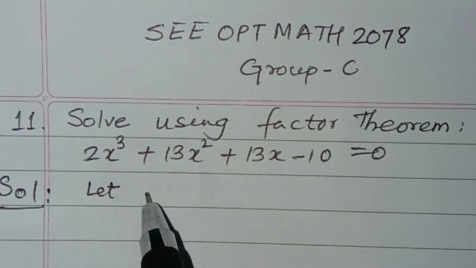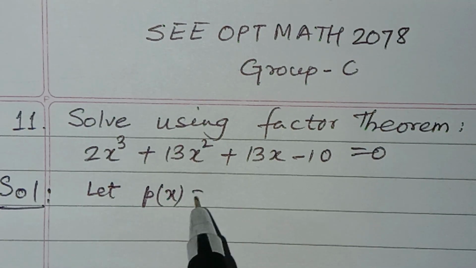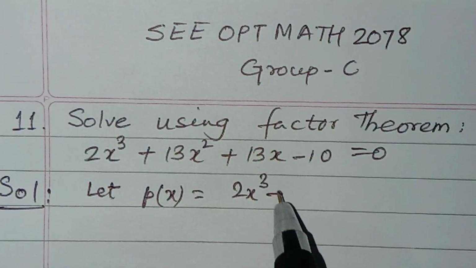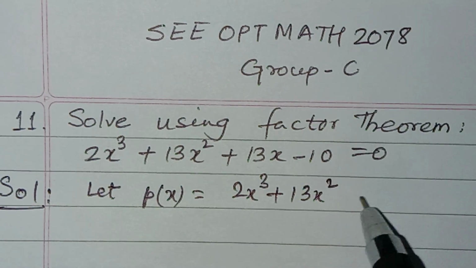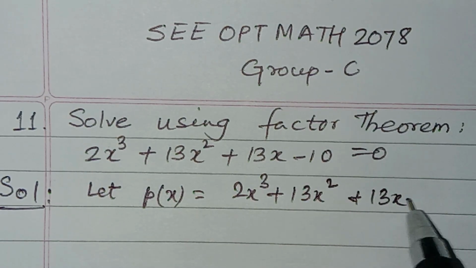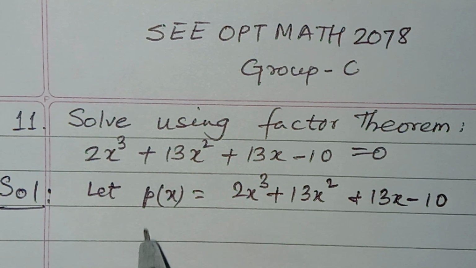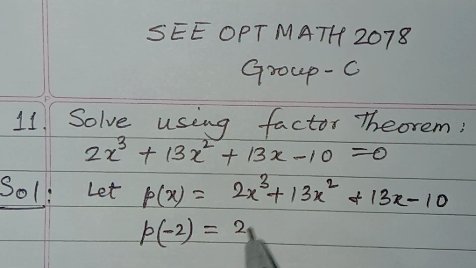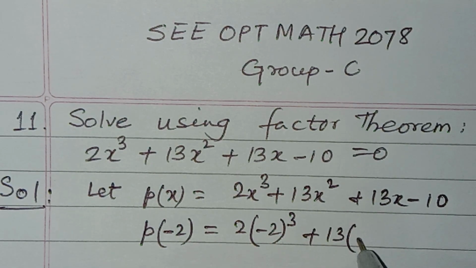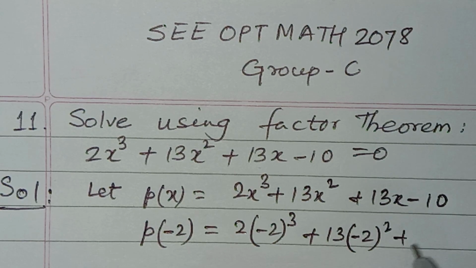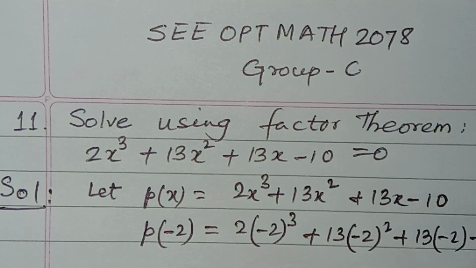Let p of x be 2x cube plus 13x square plus 13x minus 10, and let me put minus 2 for x. Then I get 2 of minus 2 cube plus 13 times minus 2 square plus 13 times minus 2 minus 10.